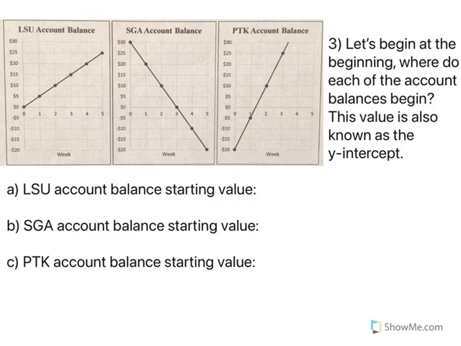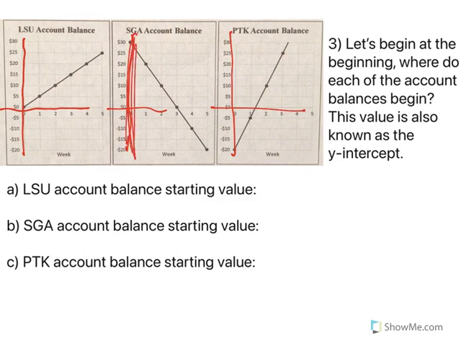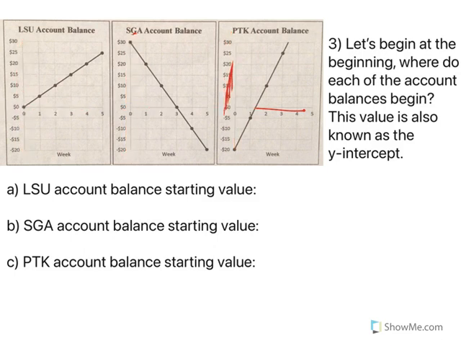Now, it's the y-intercept because if we think about a coordinate plane, the y-intercept is on the y-axis. You'll notice that the leftmost vertical line on these graphs is in fact the y-axis, so we have ourselves y-intercepts. So where do they start? Well, for LSU, our y-intercept is going to be 0.